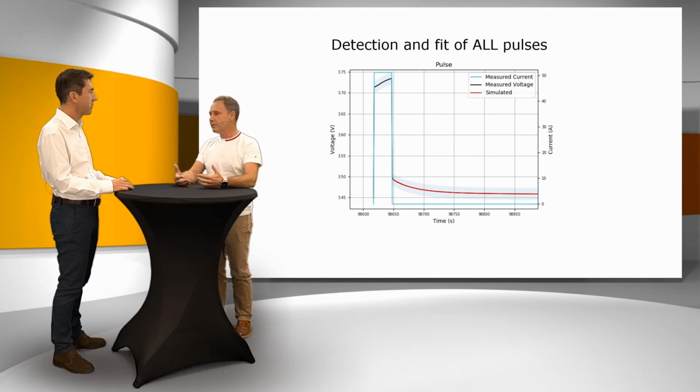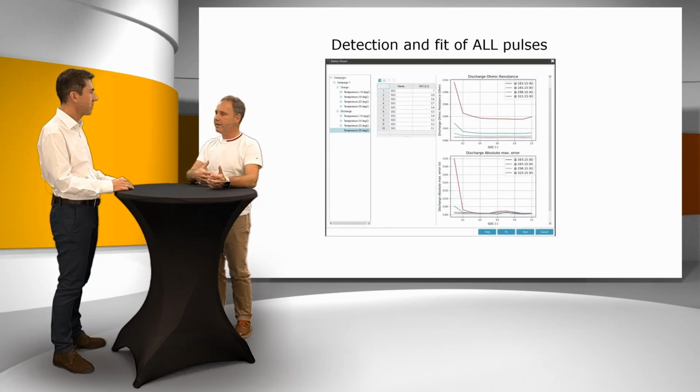And then we, of course, also have seen there is a strong need to fully automate the process of generating these RC maps, especially now with high flexibility in creating various temperature or C rate or SOC intervals.